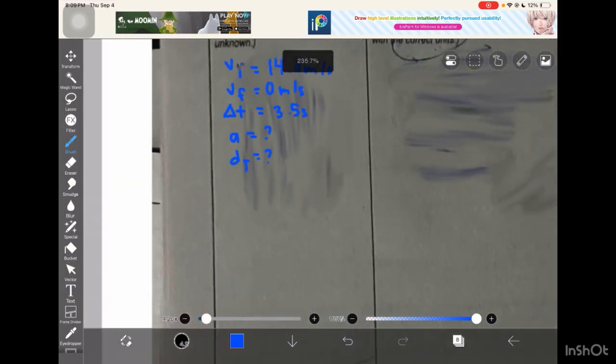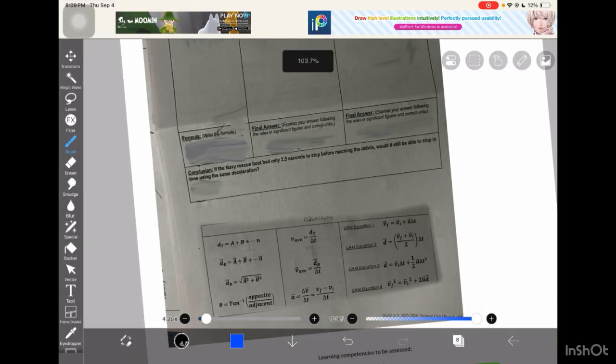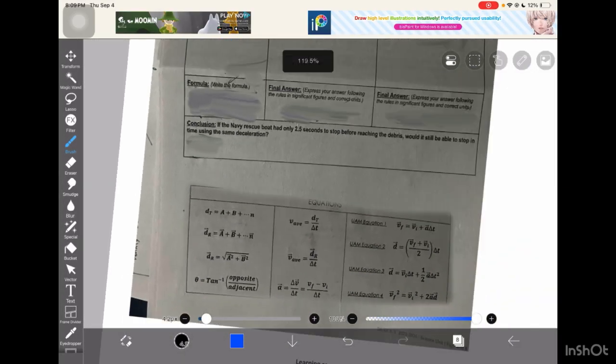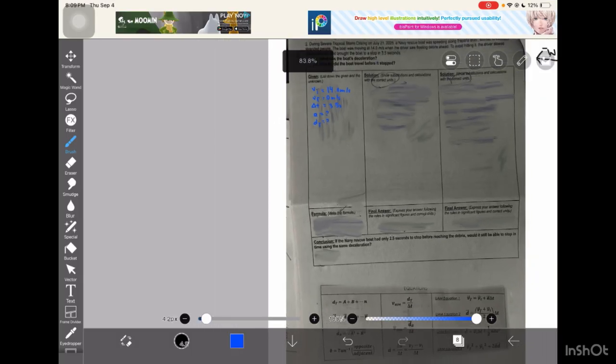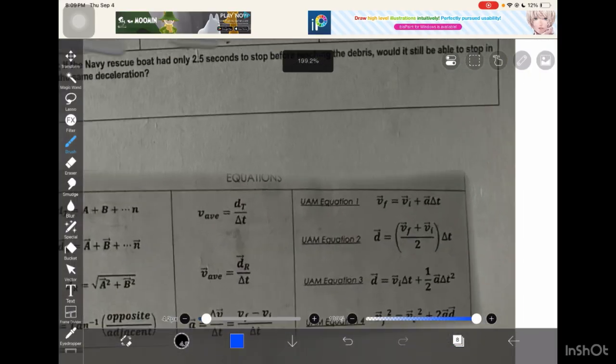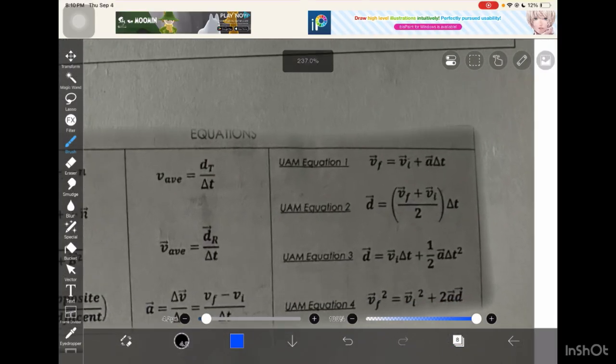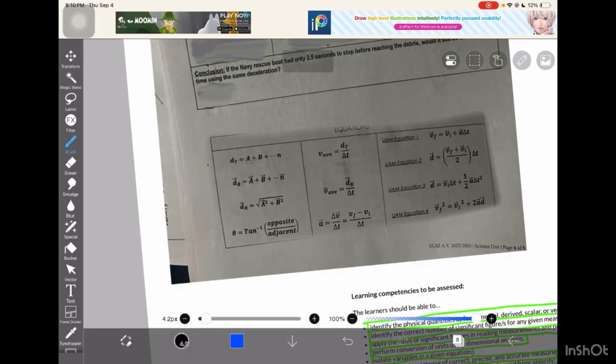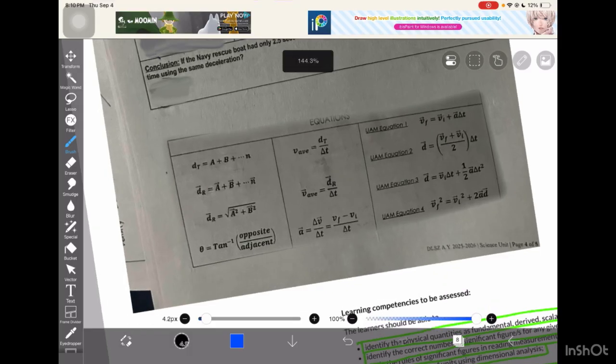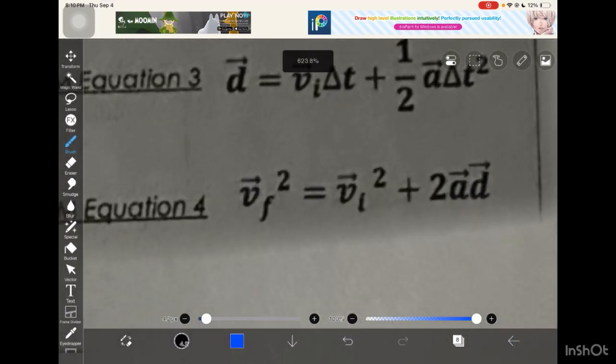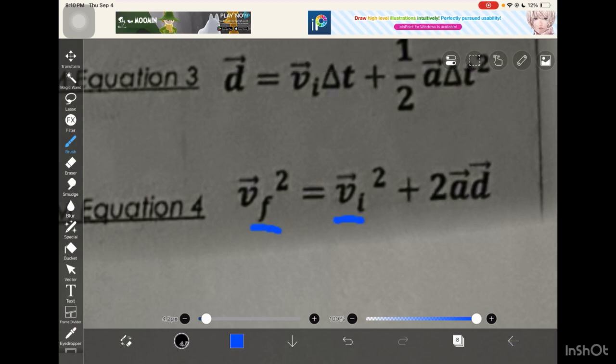Okay. Formulas to be used. So let's see this. Formula to solve for acceleration. We can use number 4 because we have v sub f, v sub i, and we'll eventually have d anyway. So we can use equation 4.